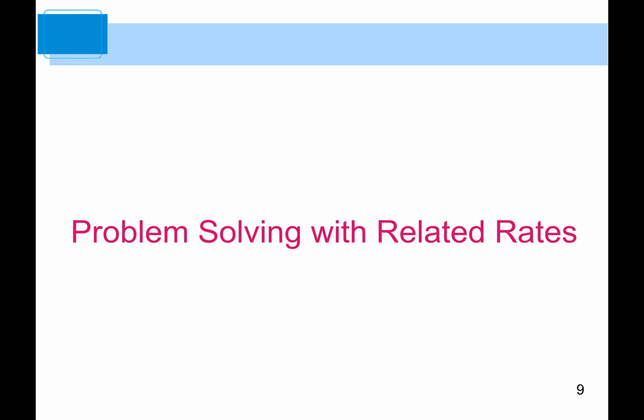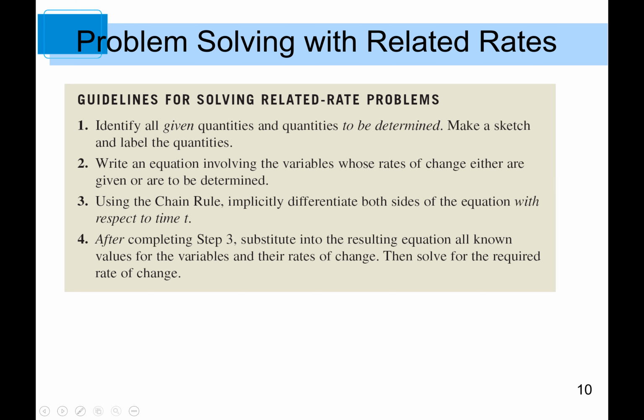Alright, so next let's take a look at problem solving with related rates. There are several steps, guidelines for solving a related rate problem. First step, identify all given quantities and the quantities to be determined. Make a sketch and label the quantities. Second step, write an equation involving the variables whose rates of change either are given or are to be determined.